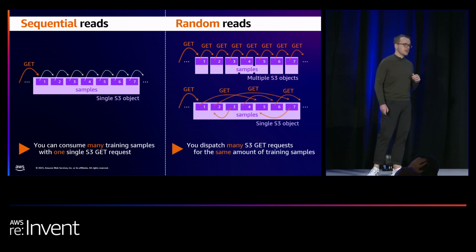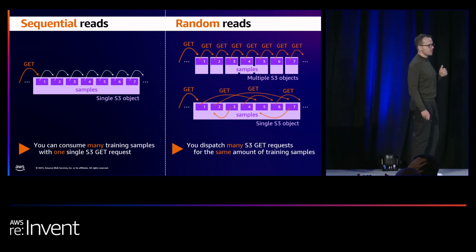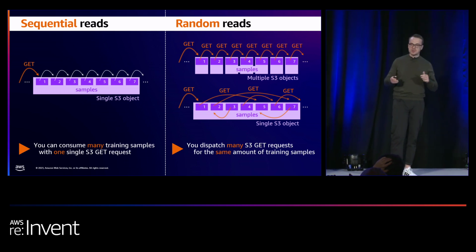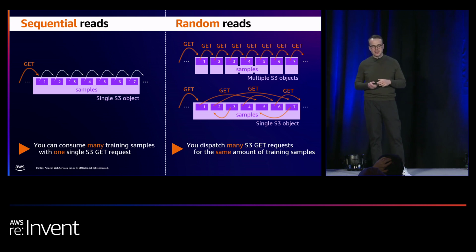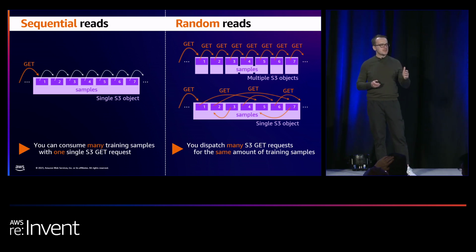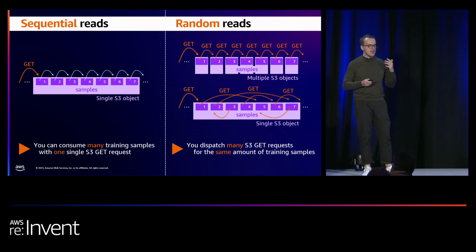Alternatively, we can still have a situation where we have serialized our data set into a smaller number of larger files, but our data loader requests data from different parts within this file. For example, by firing a byte range GET request to S3. In either of those cases, we end up firing many S3 GET requests in order to read the same amount of data.